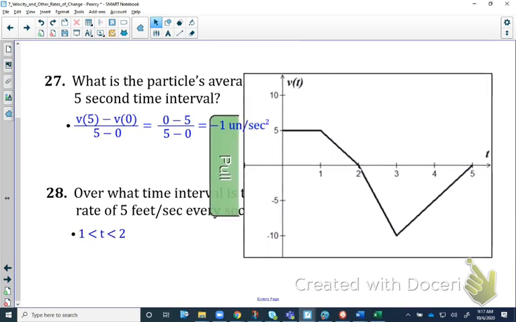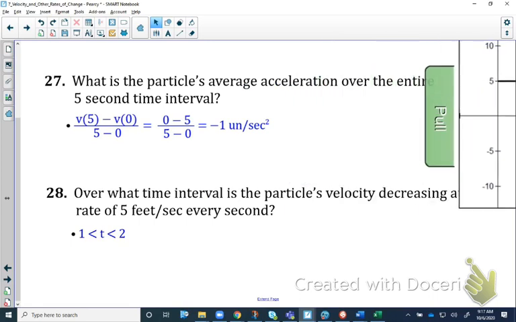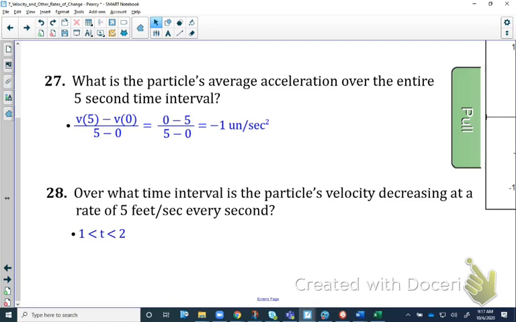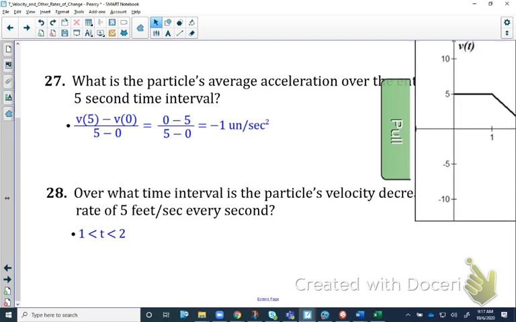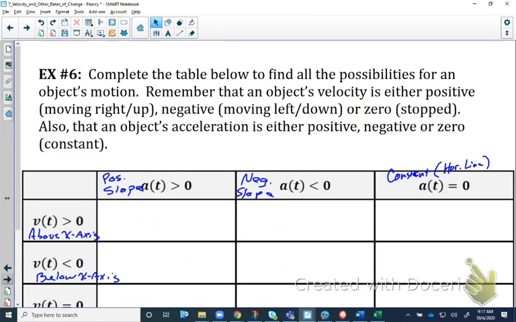So between 1 and 2, that's where we're going to have essentially a slope of 5 feet for every second. So we're looking at things moving downward, between time 1 and time 2 seconds.